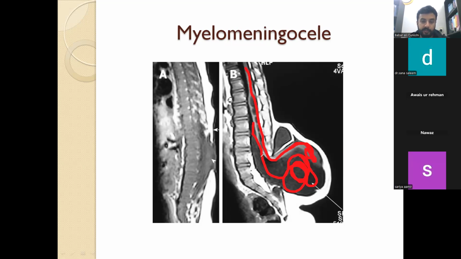So we want to look at where the cord lies, and is there tethering associated, as in this case the cord is going downwards. So while repairing the MMC, we also want to do the untethering of the cord.